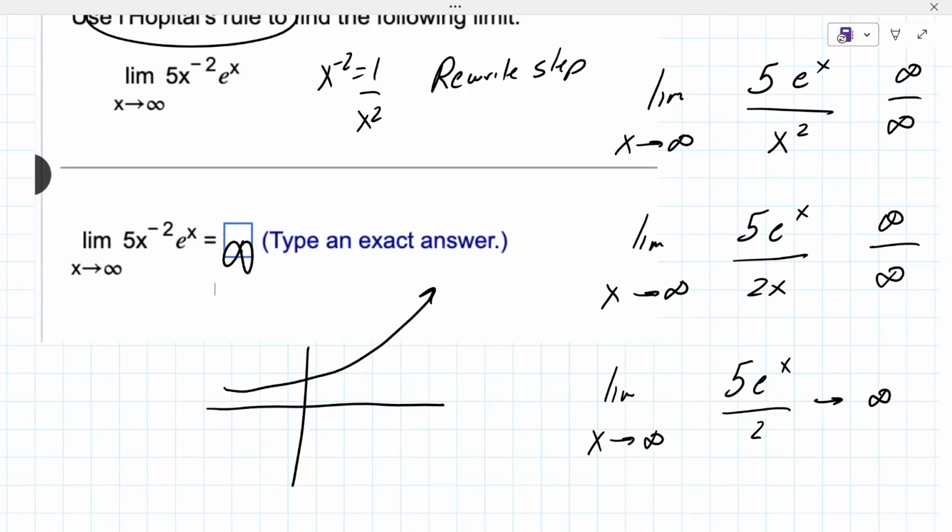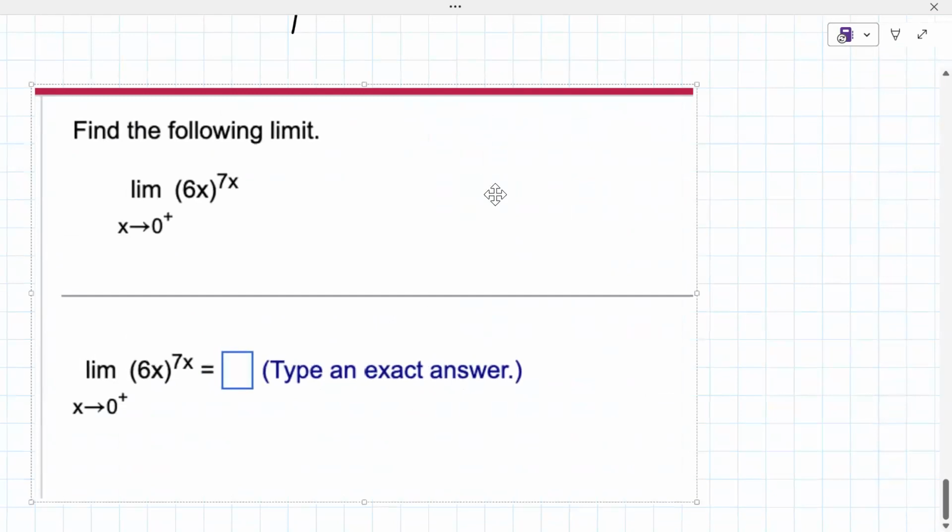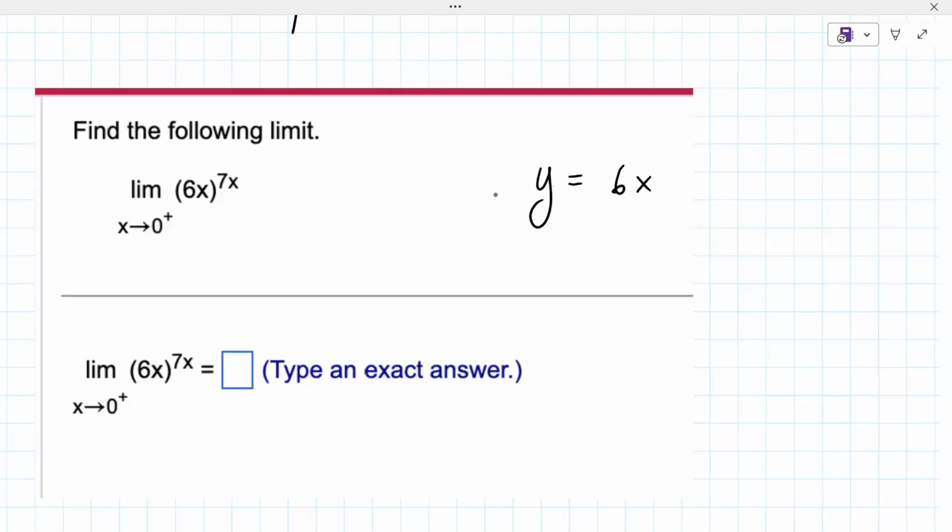Let's look at number 7. There's a bit of explanation needed to this. So the idea here is that you'd say, okay, y is really 6x to the 7x. You might ask, why would you do that? Well, we don't have any way to do this as is.